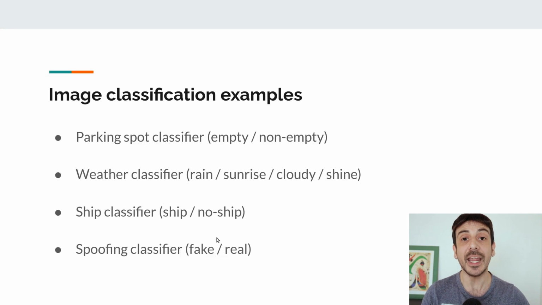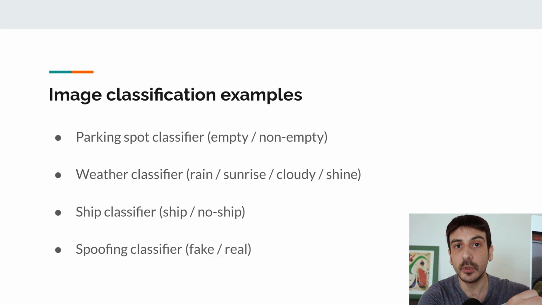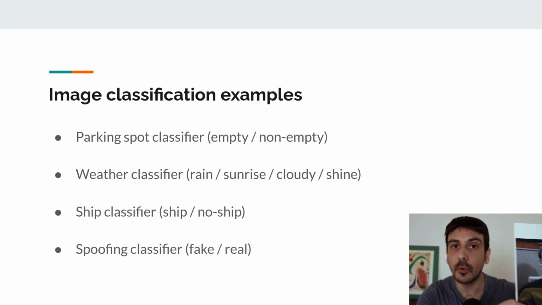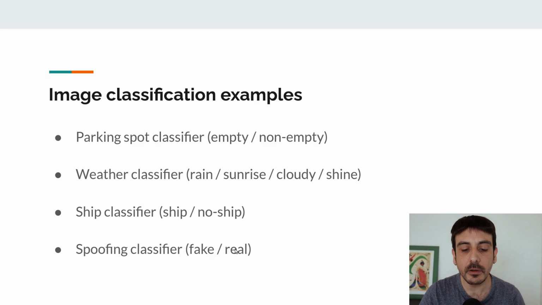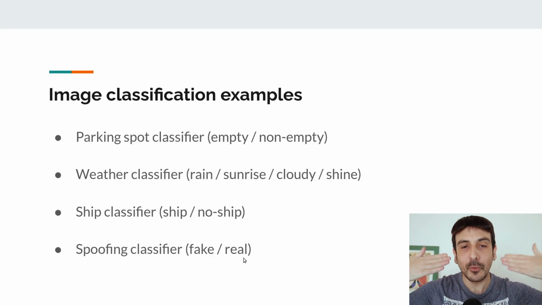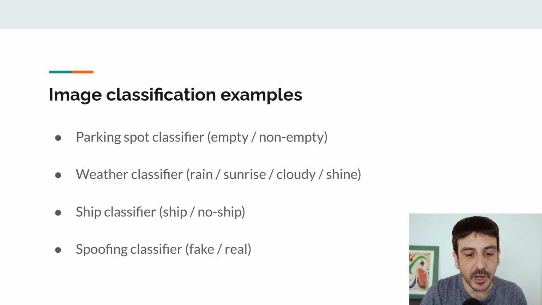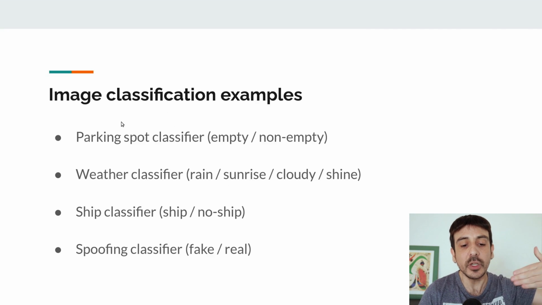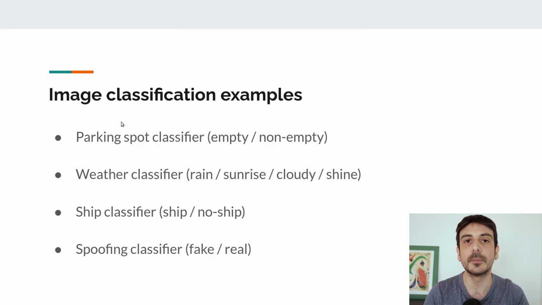We will be classifying every single face either as fake, if the person is doing something like this, if it's holding someone else's picture, or as real, if it's someone holding its real face, right? If it's a real face in front of the camera. So these are a few examples of some image classifiers which we will be covering through this course. And now let's continue to the next lesson.